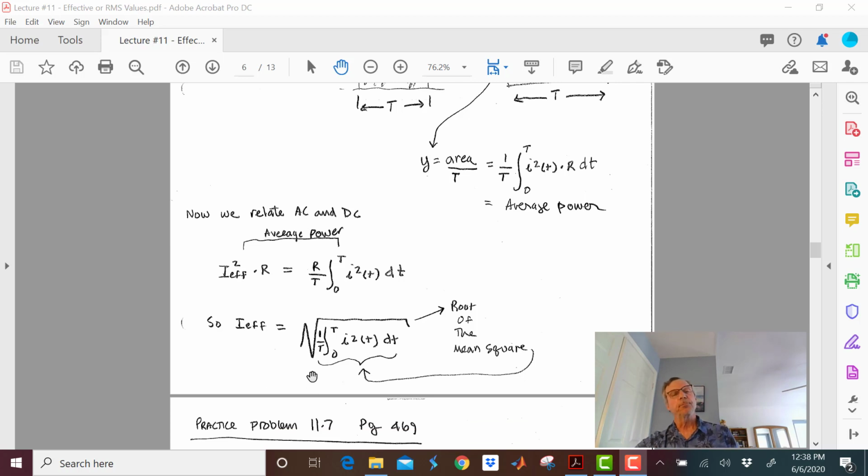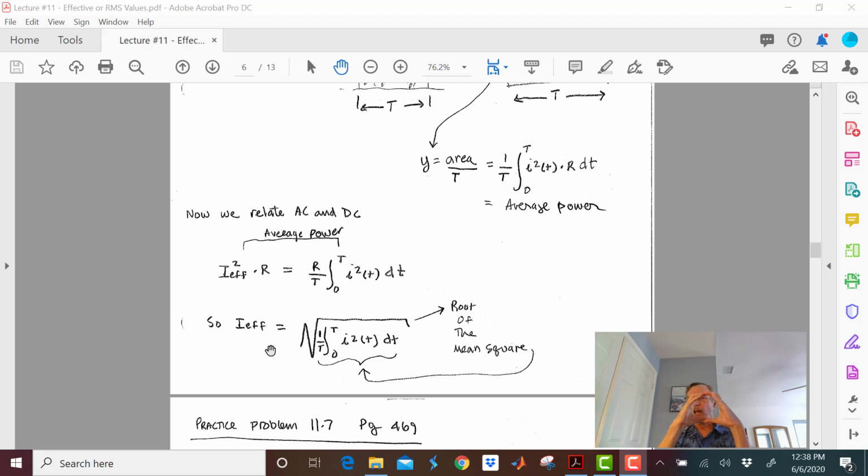So the point I want to make is that the effective value of a voltage or a current is only associated with that voltage or current. It's not associated with the circuit. So when I talk about I effective, or in a minute I RMS, I'm not talking about the circuit.